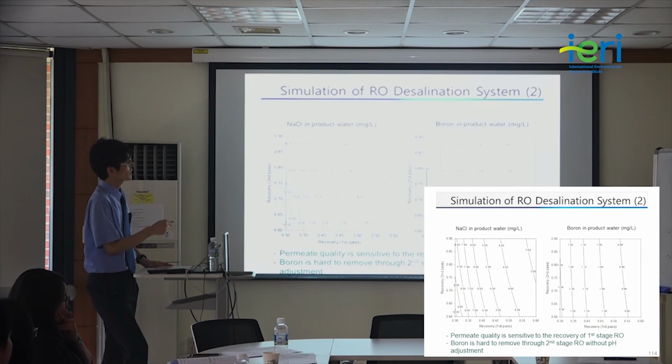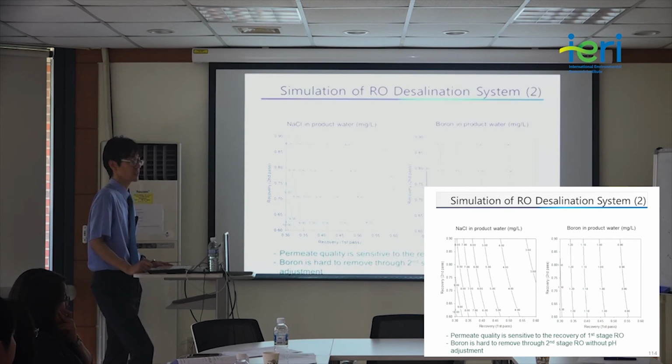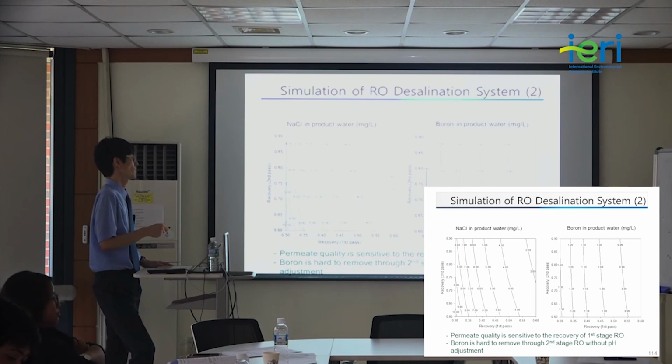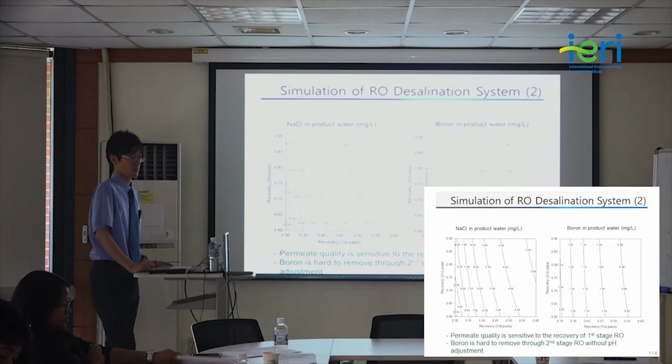However, in this case, another issue was the boron concentration, and it's quite different because the boron concentration did not change by changing the recovery of the second pass membranes.